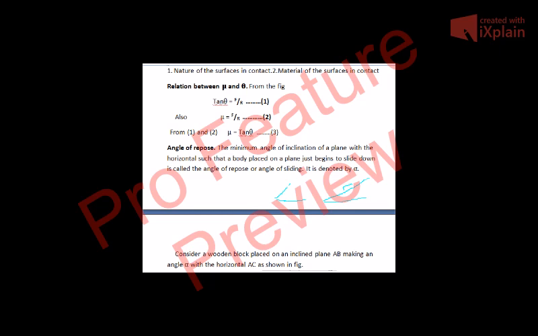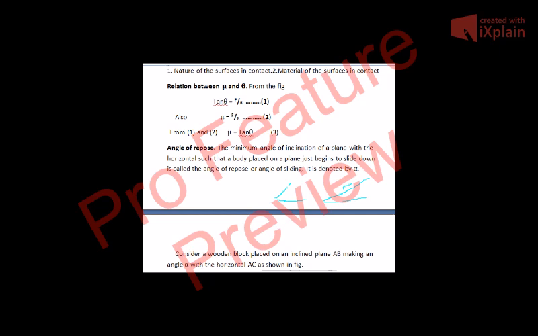So the minimum angle of inclination of a plane, meaning a plank of wood or a cardboard, whatever it may be, you can keep it with some inclination with a horizontal surface. Then a body will begin to slide down.